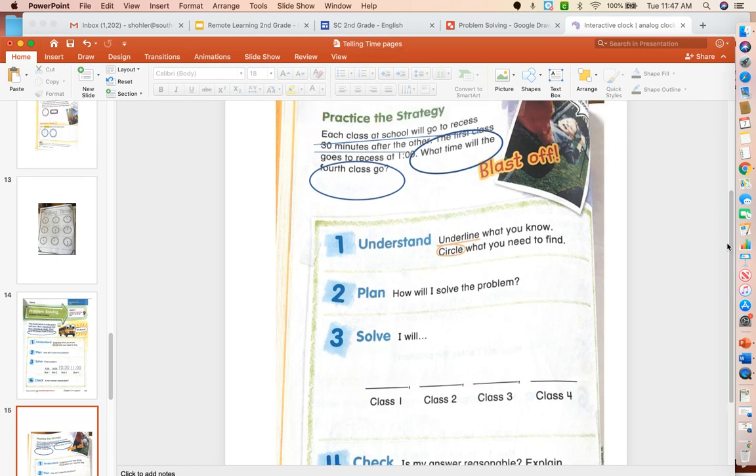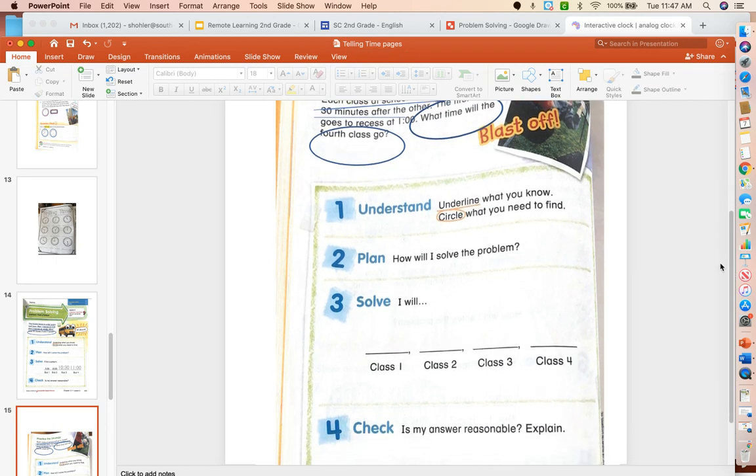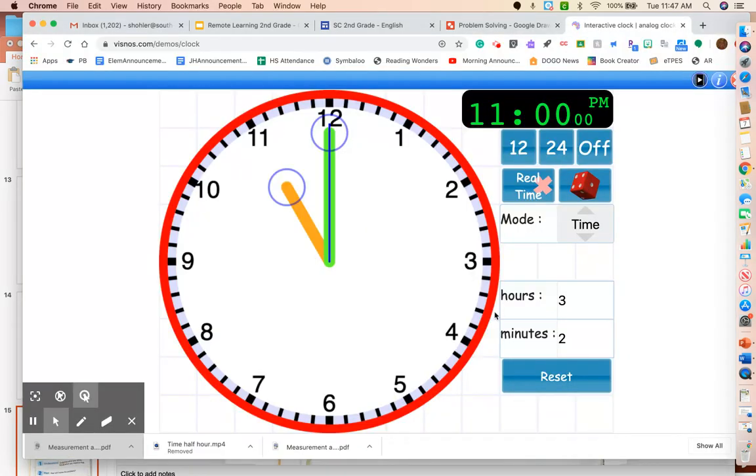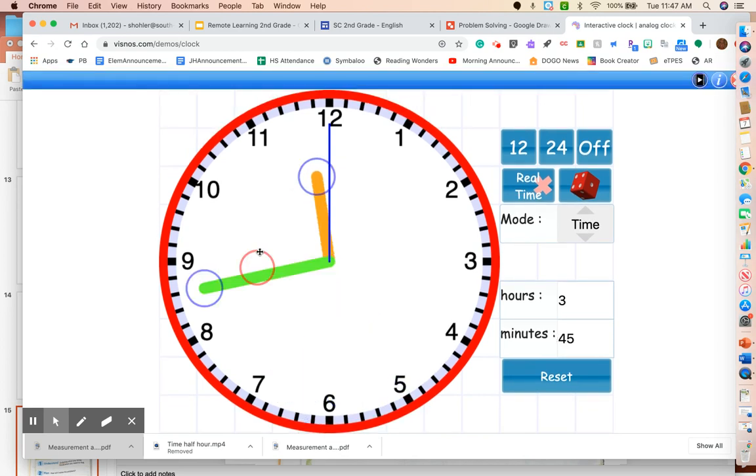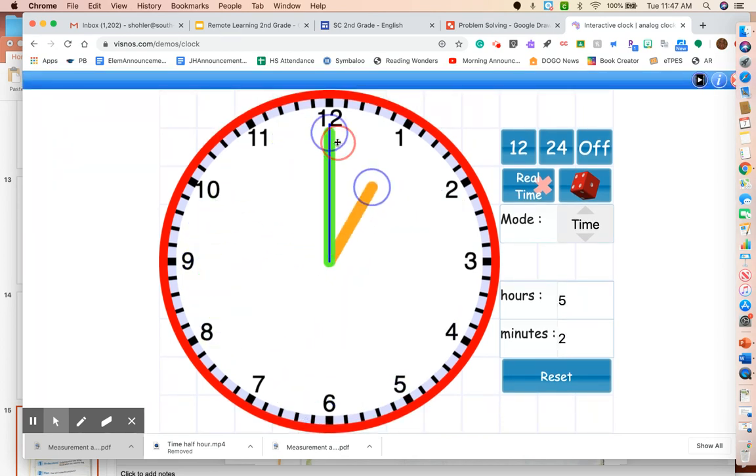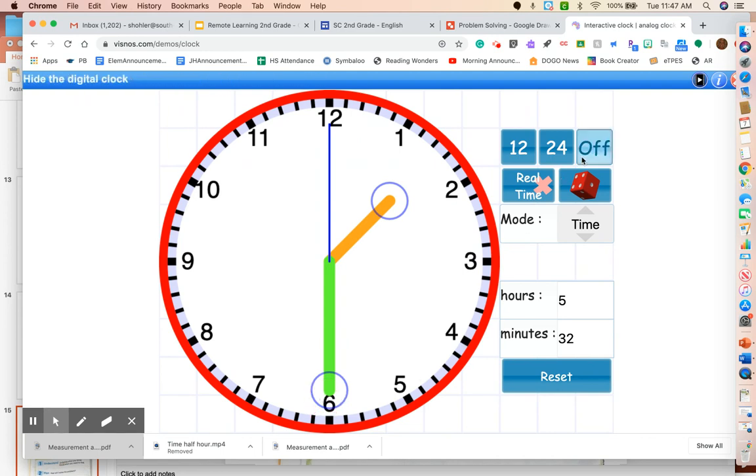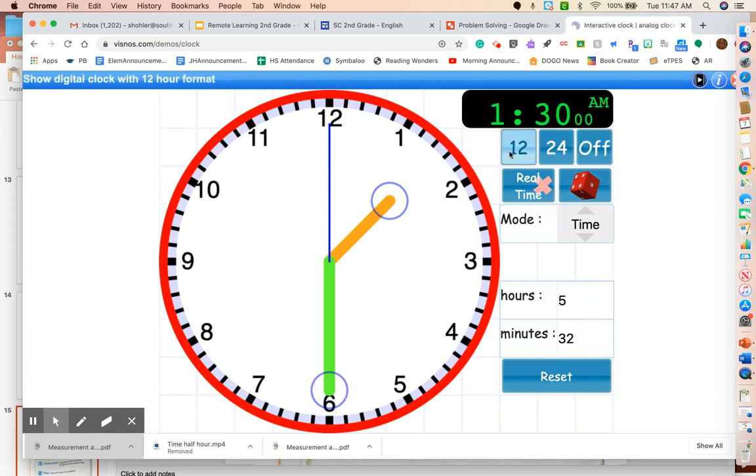Then it says that everyone else goes 30 minutes after. So if we are at 1 o'clock, let me get my clock set here. 30 minutes after 1 o'clock, I'm going to take my minute hand and bring it down here and go 30 minutes. What time is this? 1:30.